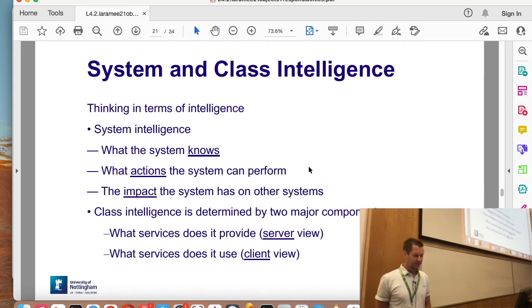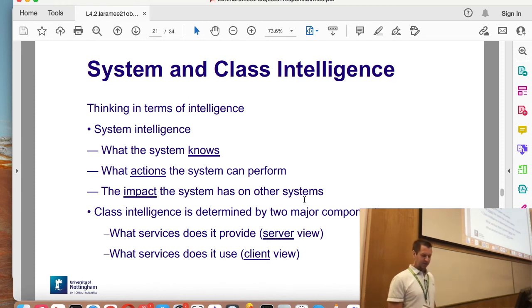System and class intelligence. You can think of intelligence as data and the methods that operate on that data. I'm using it very similar to knowledge and information, just to confuse you. So system intelligence is what the system knows, what actions the system can perform, and the impact the system has on other systems.